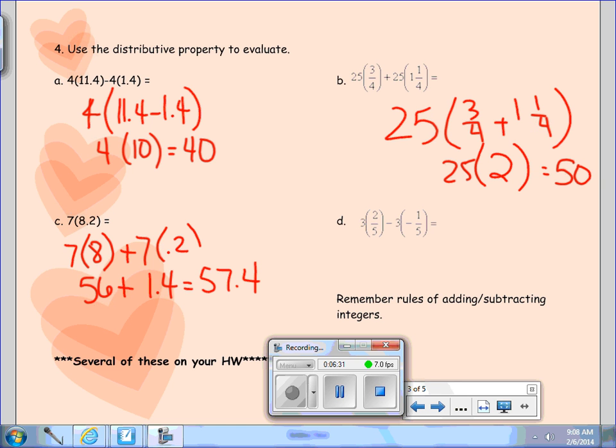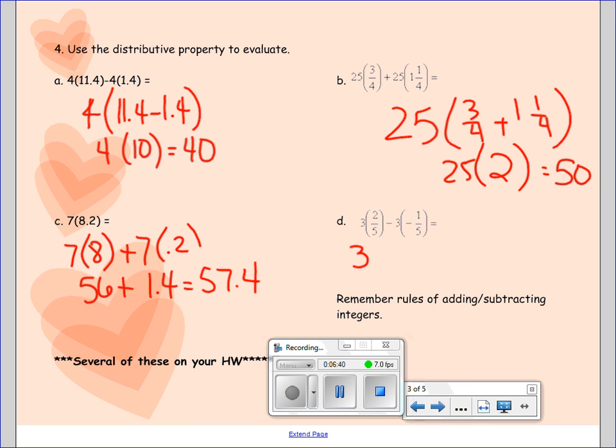So in D, as I've got written there, remember rules of adding and subtracting integers, we are going to add the opposite. Simplify this.